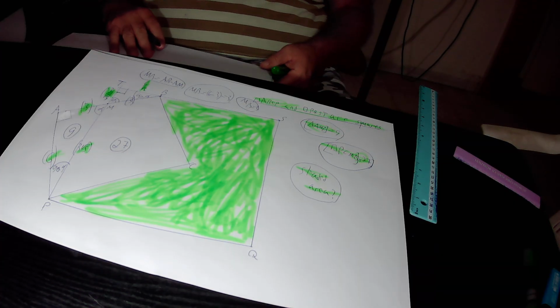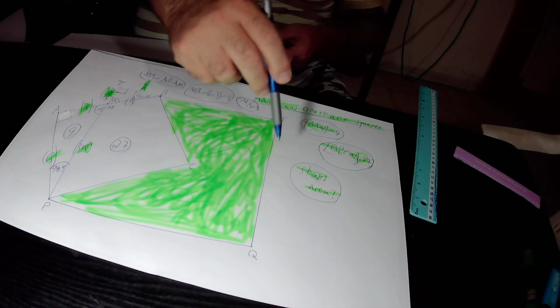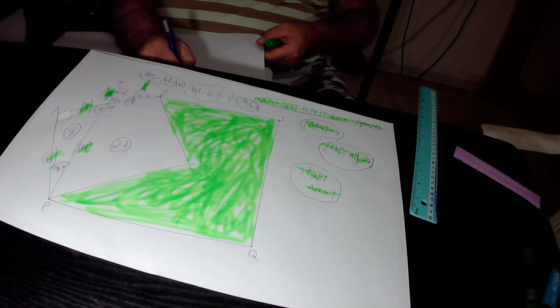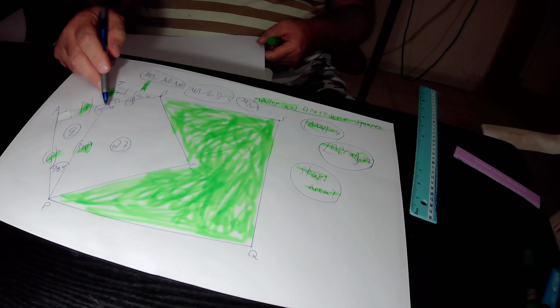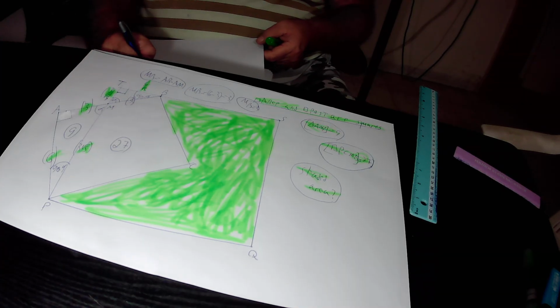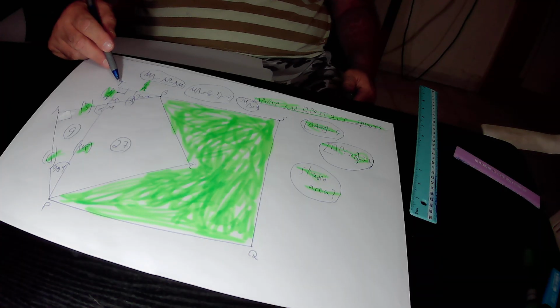So, write it down. We found out that the area of this grain shape equals the area of the big square TSQP minus the area of this quadrilateral MBCP minus the area of this small right triangle TBM.